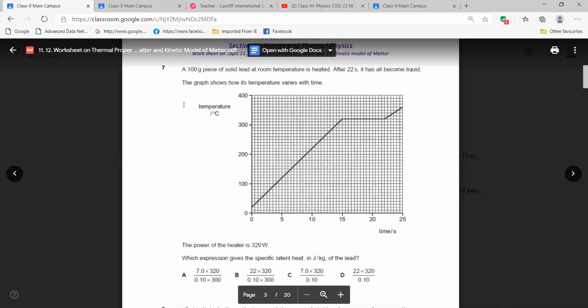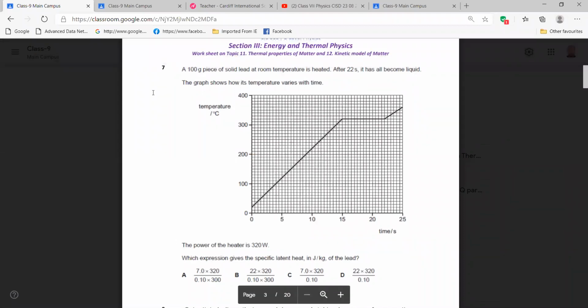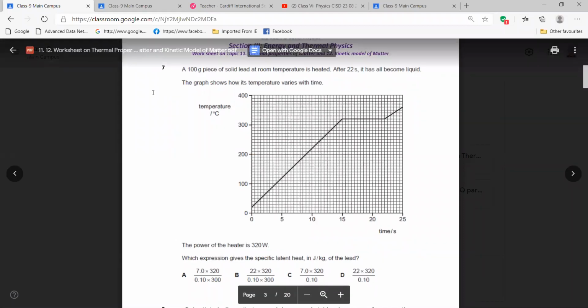Fine. Look, here we have the formula. You cannot recall the formula, so it is the specific latent heat of fusion. You should write the formula and learn all the formulas.